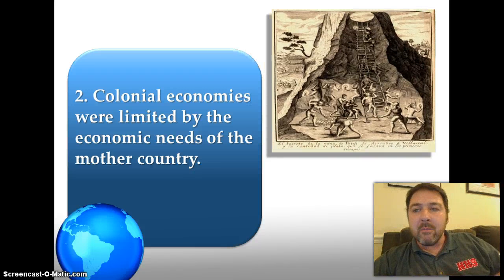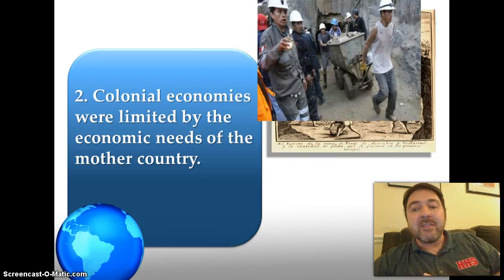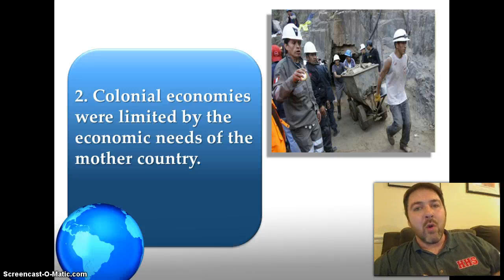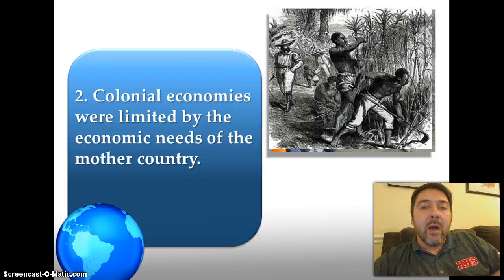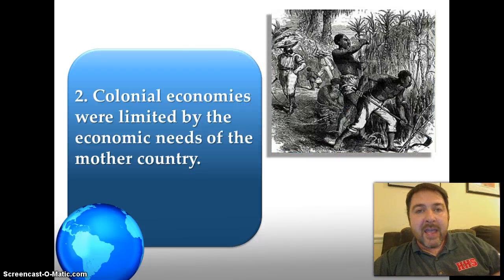We see here a picture showing mining in the Andes region of South America. Well, even today, a lot of people are employed in that region of South America in mines and mining. Likewise, some Caribbean islands like Haiti were initially set up for growing sugar on big sugar plantations. The mother country expected the colony to produce sugar.